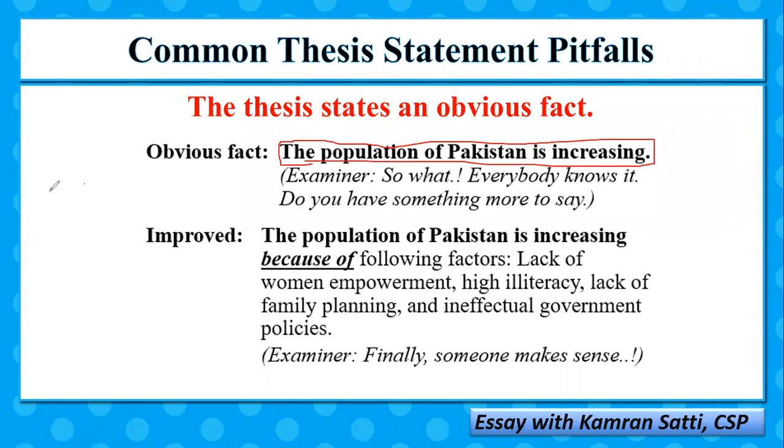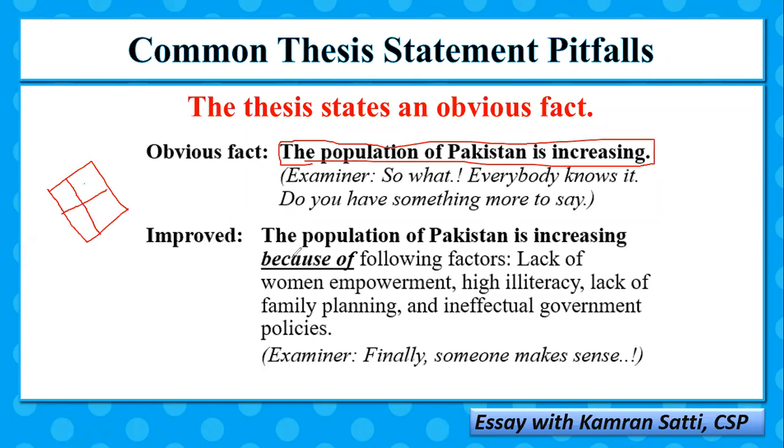Are you going to talk about, let's suppose, the population growth rates of men and women? Are you going to talk about the population growth rate of youth? It could be anything under the umbrella of population growth rate in Pakistan. So you have to specify the scope in your thesis statement, right at the end of your introductory paragraph, about what you are going to write on the issue of population growth.